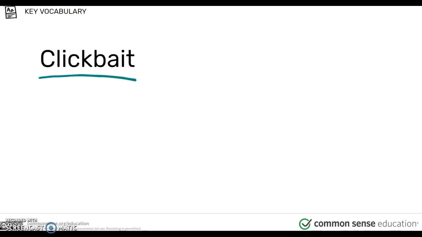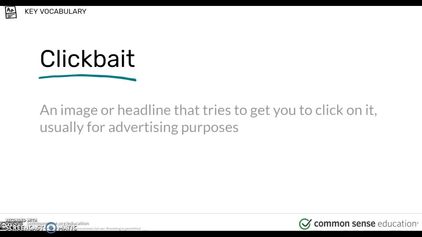All right, which leads us into clickbait. What do you think the definition of clickbait is? Go ahead and write it in on the box. All right, so clickbait is an image or headline that tries to get you to click on it, usually for advertising purposes.